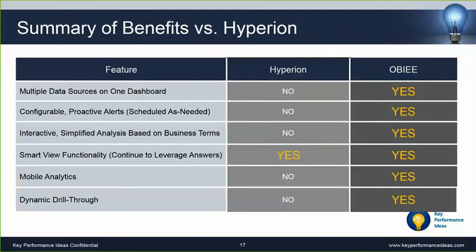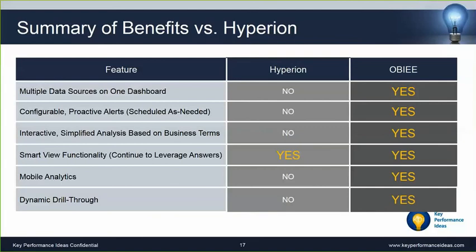So to summarize the difference in OBIEE versus Hyperion reporting: we get multiple data sources displayed on one dashboard, configurable proactive alerts that can be scheduled as needed, as we just discussed in Delivers, and interactive simplified analysis in our Answers tool based on business terms.